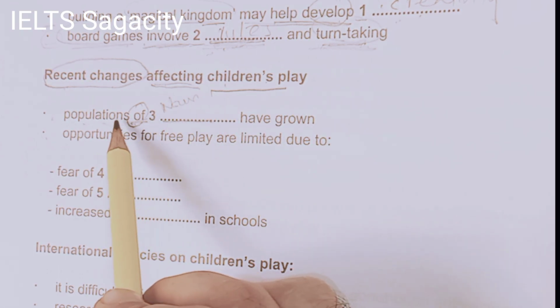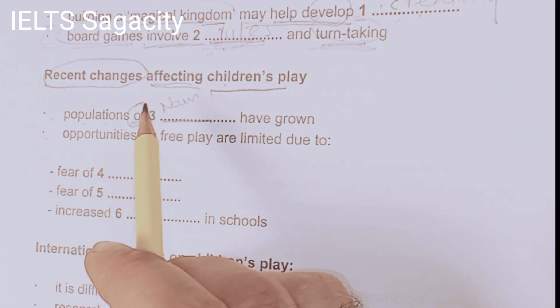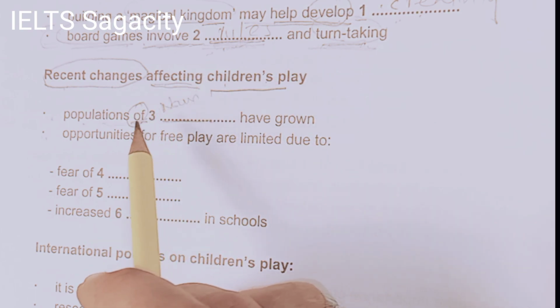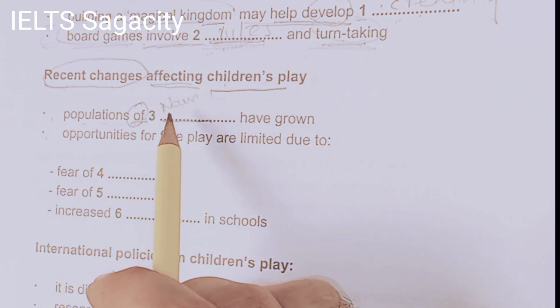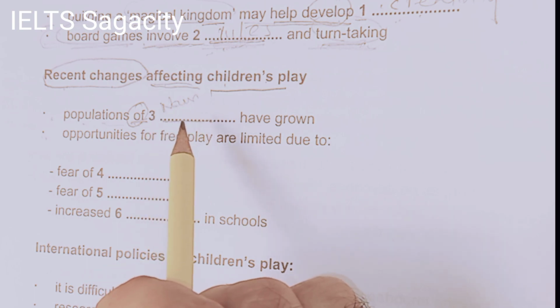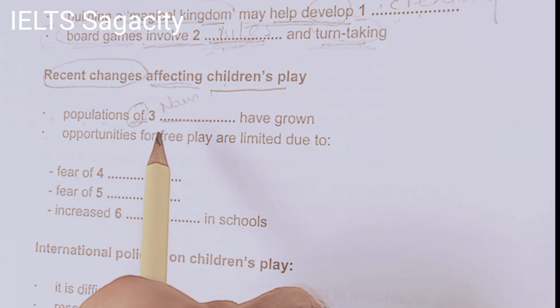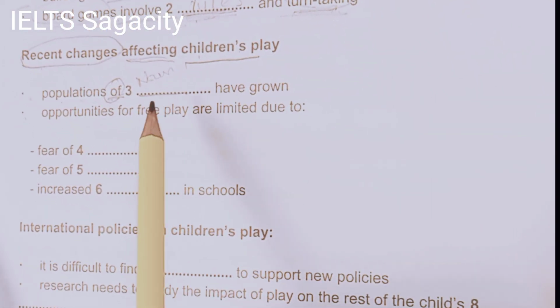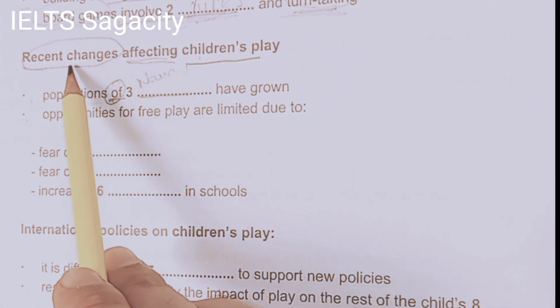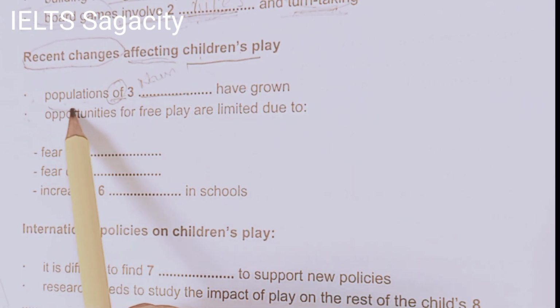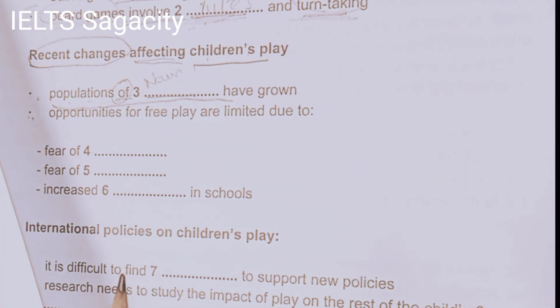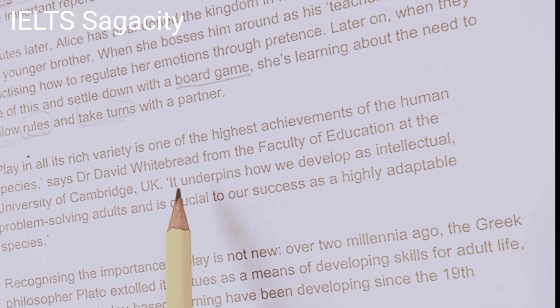Populations of something. Commonsensically, it could be a city or a country, a town or a village, or a specific race or nation as well. So let's see what those recent changes are and whose populations have grown.